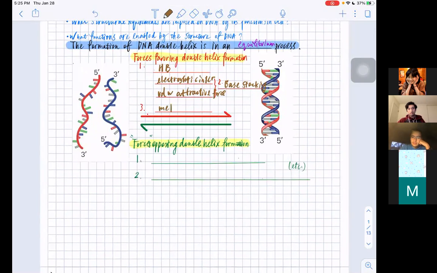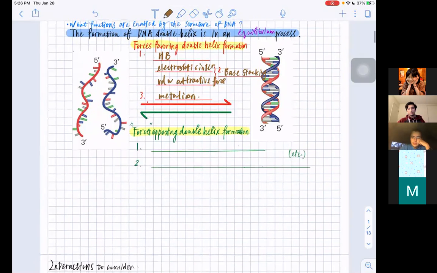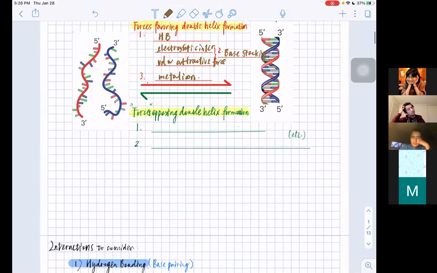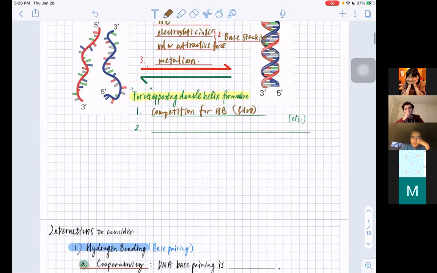And there's also metal ion interaction. And for the forces opposing the double helix formation, we know there is competition for hydrogen bonds from water. And there's also a very important entropy consideration upon the formation of the double helix.